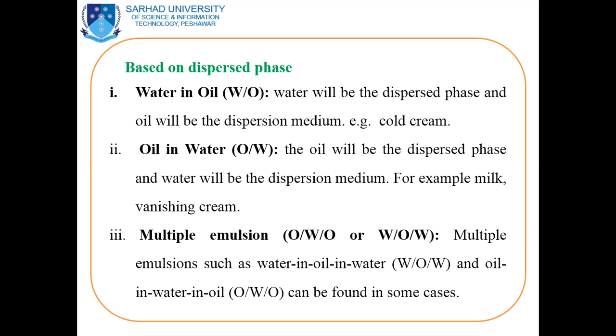The third class of emulsion is termed as multiple emulsion. In multiple emulsion, there are two possibilities, either oil in water in oil or water in oil in water. In the first case, oil and water is distributed in the oily phase, and in the second case, water and oil is distributed in the water.